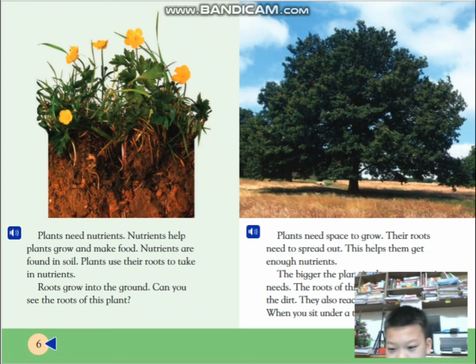The bigger the plant is, the more room it needs. The roots of this big tree go deep into the dirt. They also reach out far from the tree. When you sit under the tree, the roots are under you. Yeah, the roots of the tree are already underground.